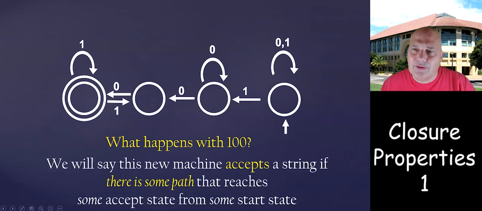So we need to define the notion of accepting a little bit differently, and we will say that the new machine accepts a string if there is some path that reaches some accept state from some start state. It's true that some ways of doing the computation, like here, when you start with 1, stay put, and then stay put with 0 and 0, will make you reject. But as long as there is one path that is accepting, then we say that this new machine, which is not exactly a DFA, accepts.